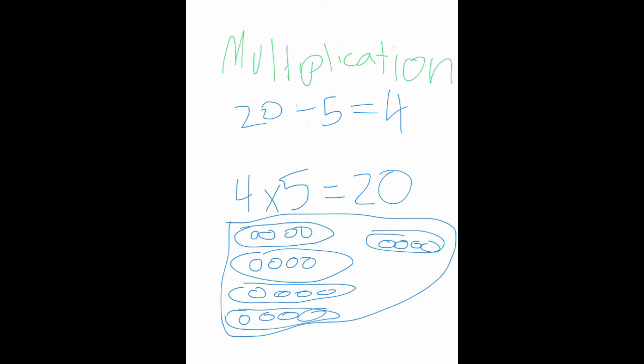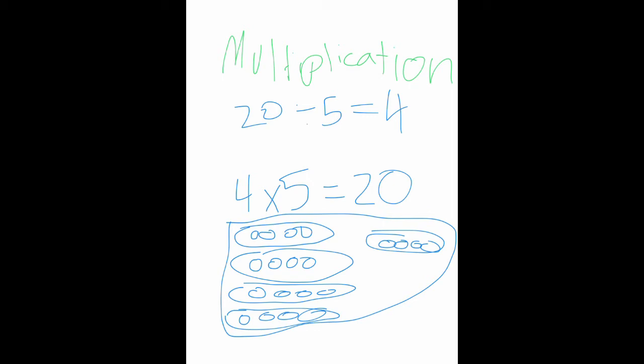So I drew a big circle, so it's basically just smushing it together, and I'll count how many are in here. So 1, 2, 3, 4, 5, 6, 7, 8, 9, 10, 11, 12, 13, 14, 15, 16, and then we have 17, 18, 19, 20.